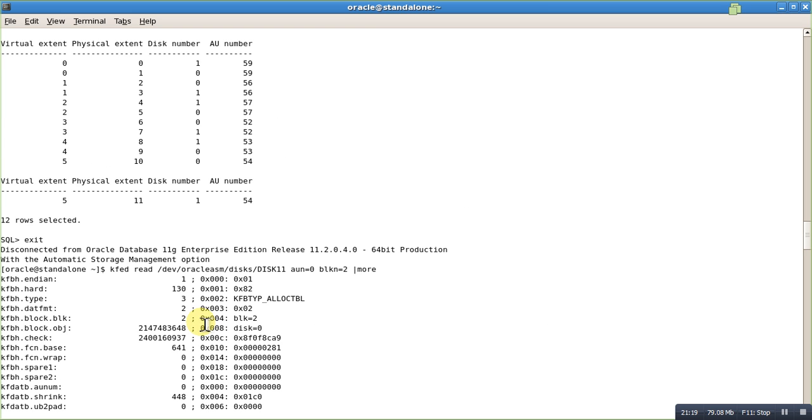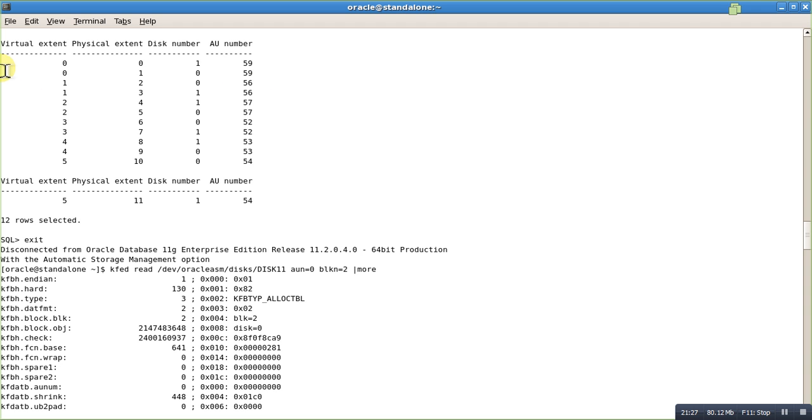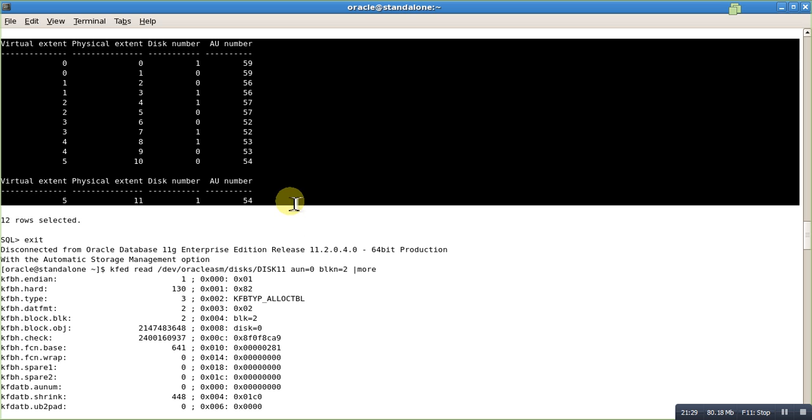So one thing we need to look at is the disk number. As I said, one is the primary extent and the other one is the mirror extent. We have a total of 12 physical extents.